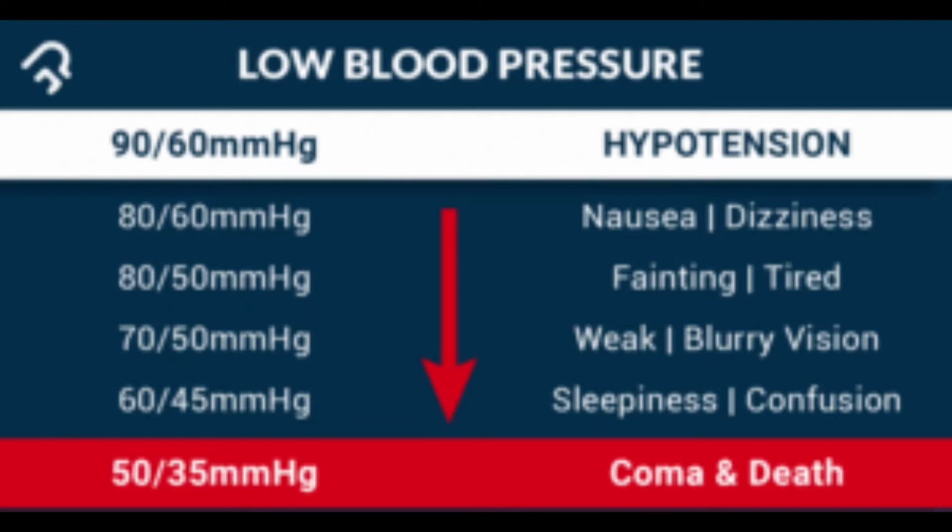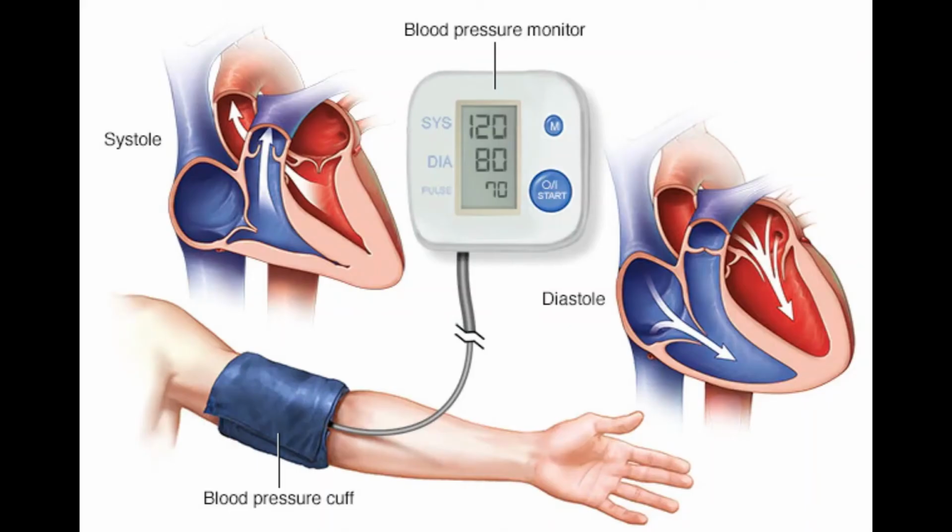The first number, called systolic blood pressure, measures the pressure in our arteries when the heart beats. The second number, called diastolic blood pressure, measures the pressure in our arteries when the heart rests between beats.